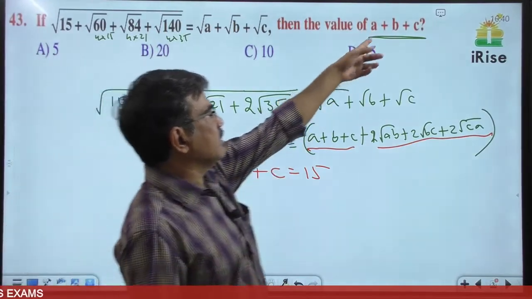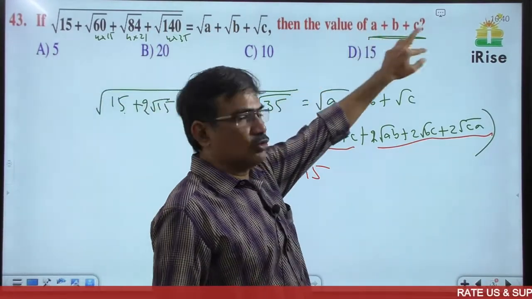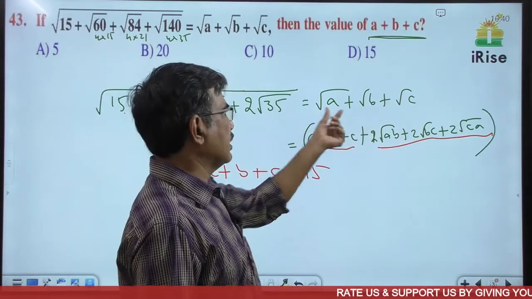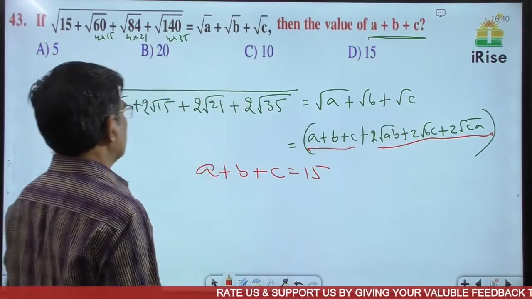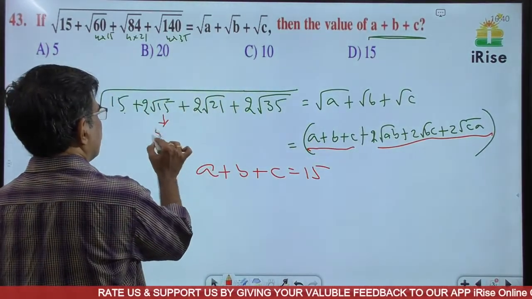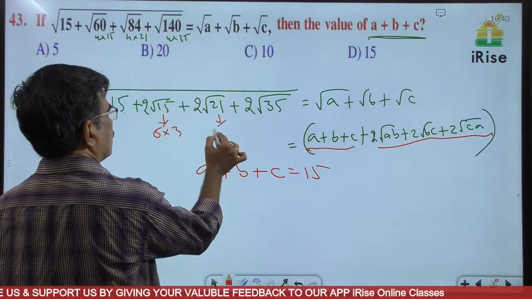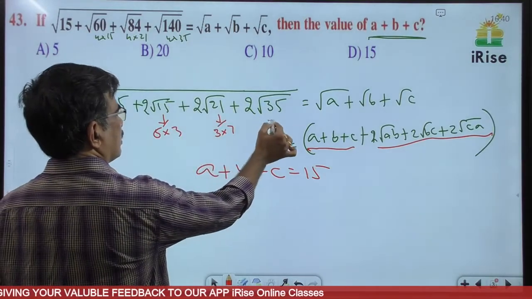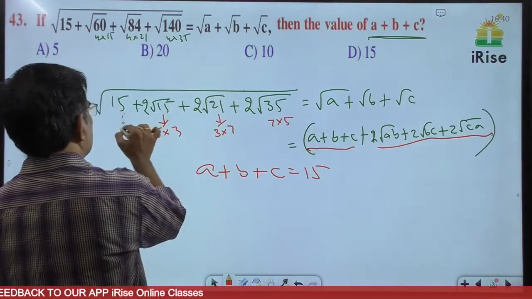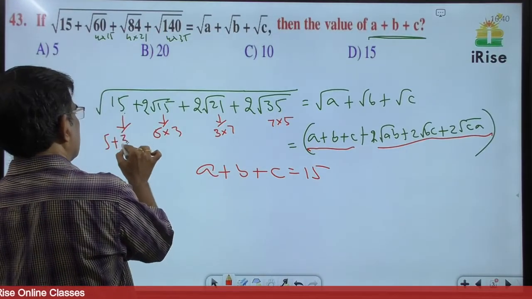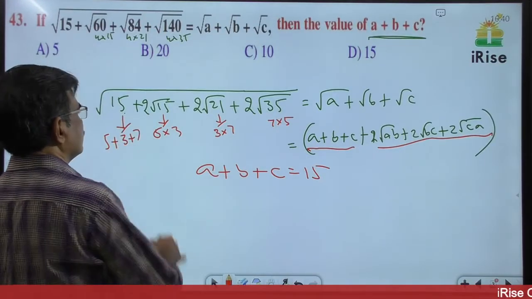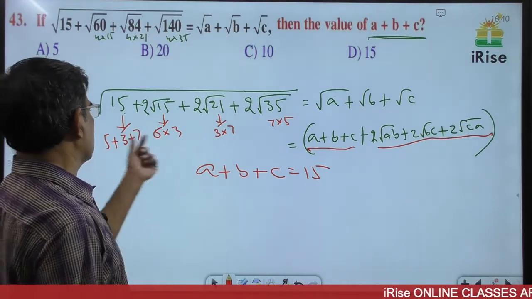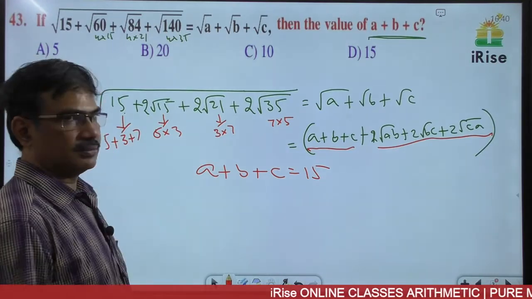But if any other condition is given, for example a plus 2b minus 3c, then you have to find a, b, c. For that, this can be written as 5 into 3, this as 3 into 7, and this as 7 into 5. This is nothing but 5 plus 3 plus 7, that is 15.